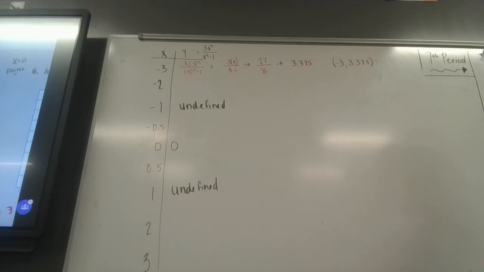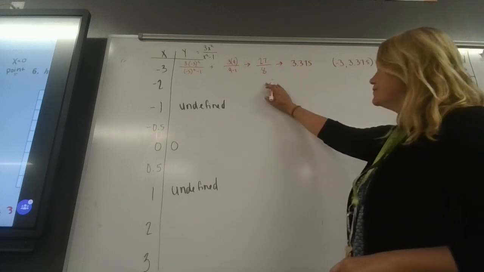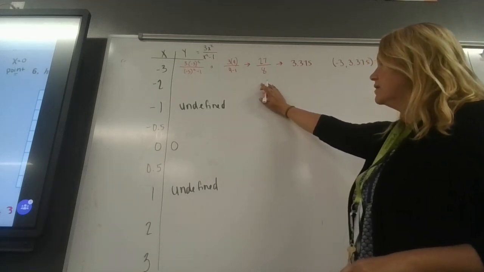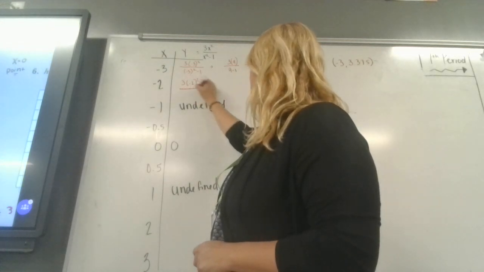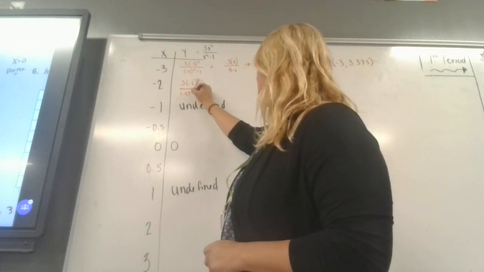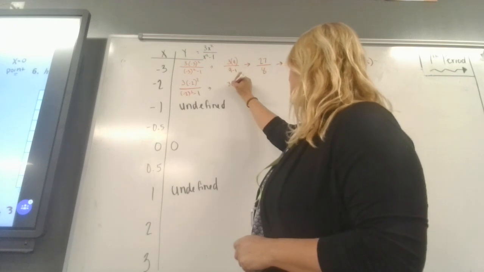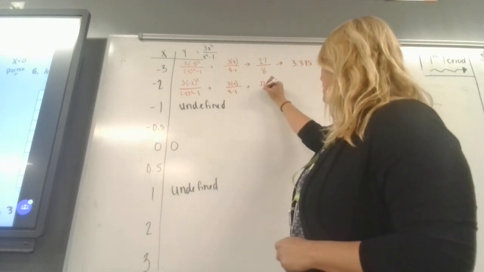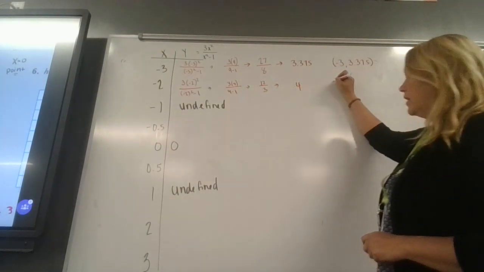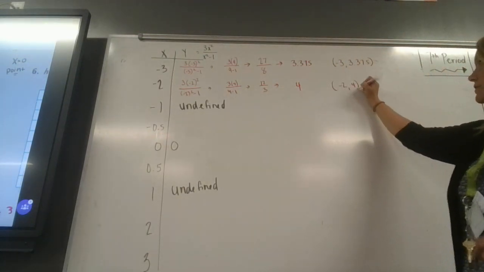Okay, anybody in the middle here finished with -0.5? Let's do this one. Okay, the next ordered pair would be -2, 4.